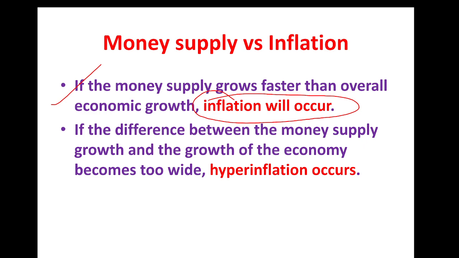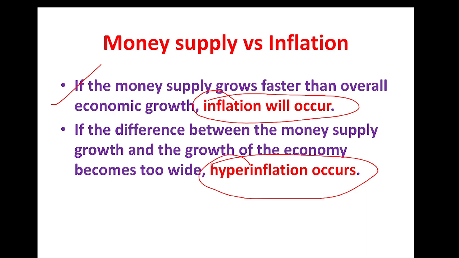If the difference between the money supply growth and the growth of economy becomes too wide, suppose growth is not increasing but money supply is increasing, in such a case, hyperinflation occurs.